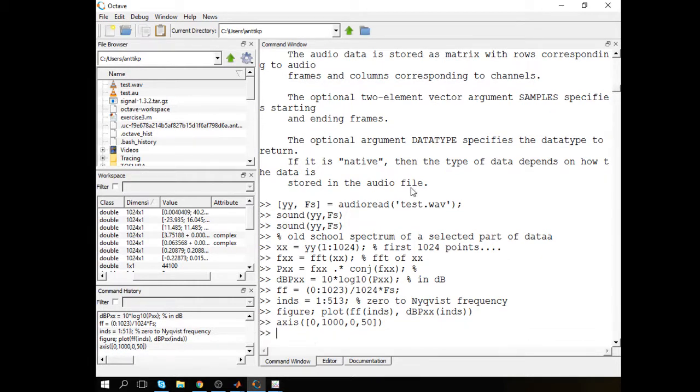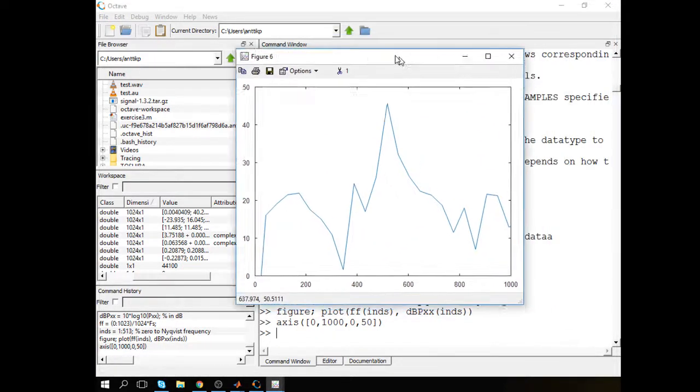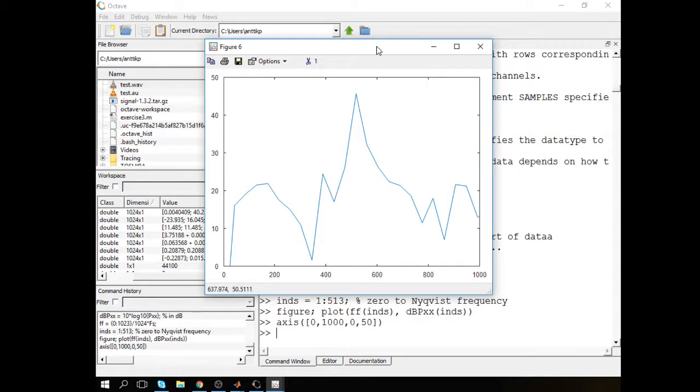There. So that's the zoomed view. You can also zoom with the mouse. But anyways, as you can see, it's a kind of rough estimate of the spectrum. Well, our spectral resolution is actually Fs over the number of samples.